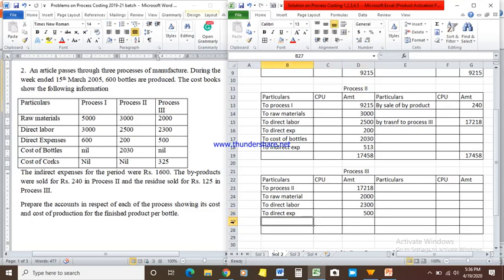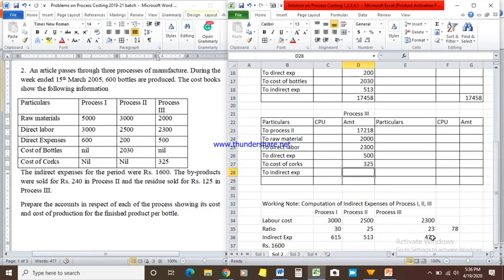Now here we don't have a cost of bottles, but we have cost of COGS, 325, to indirect expense, that is 472.